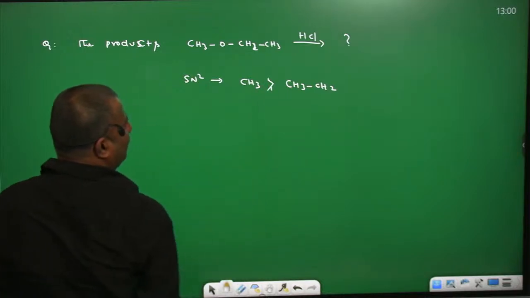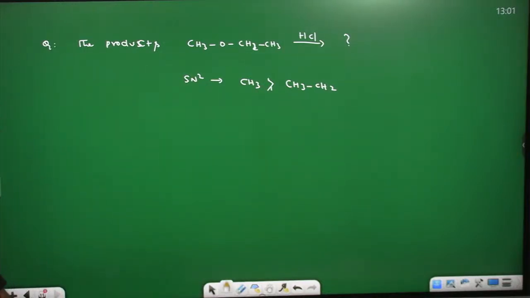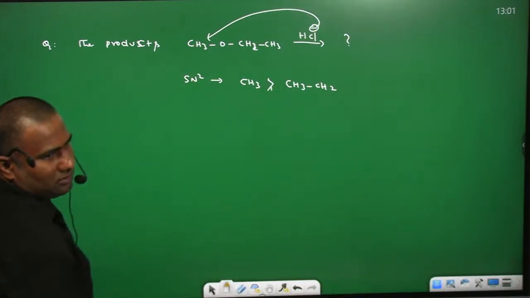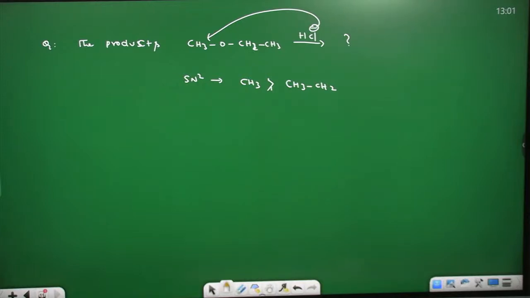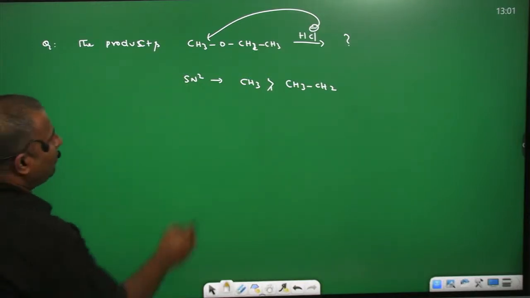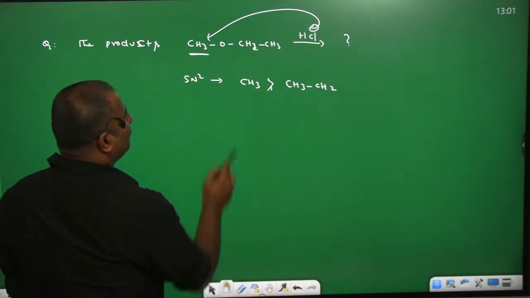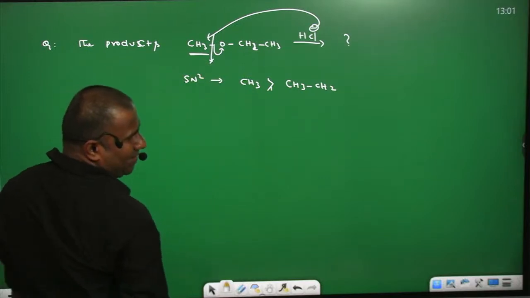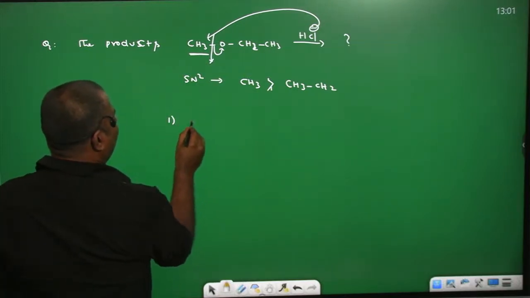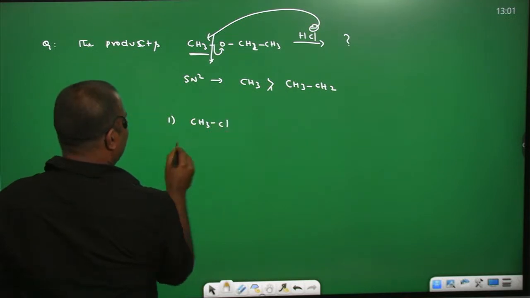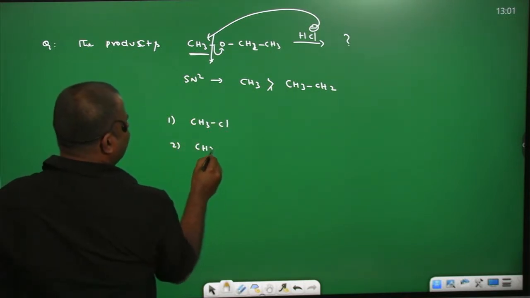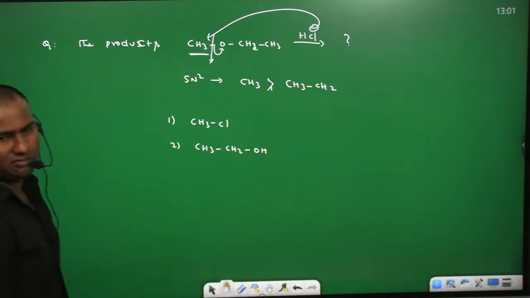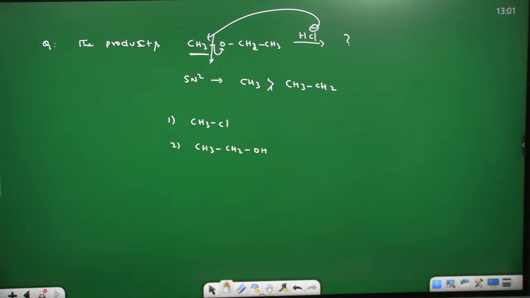CH3 has more reactivity than CH3CH2. That means Cl minus, the reagent, easily attacks CH3 rather than CH2CH3. It takes this pair of electrons, so this bond has to break. The products are CH3Cl and the other product is CH3CH2O minus, and H plus becomes OH. This is how he asks questions. Okay?